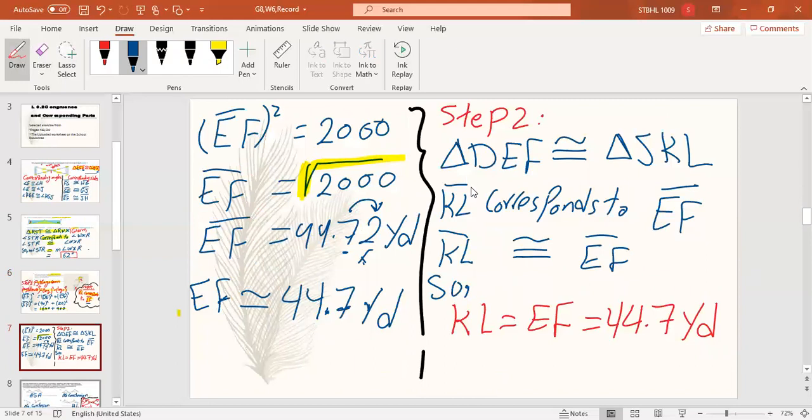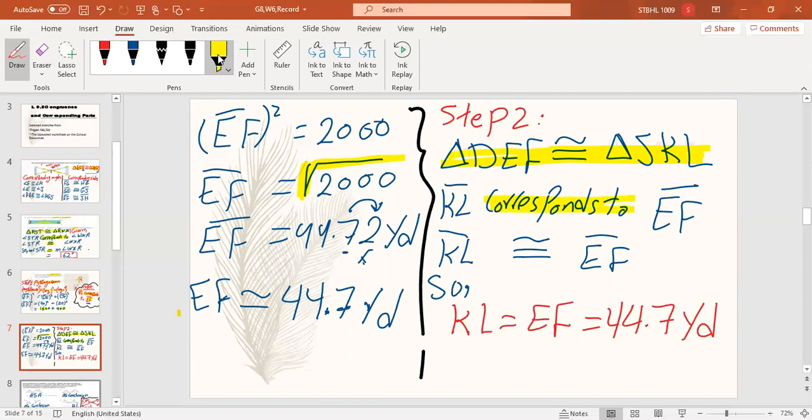Triangle DEF is congruent to triangle JKL, and as a result of the congruence, line segment KL corresponds to line segment EF.